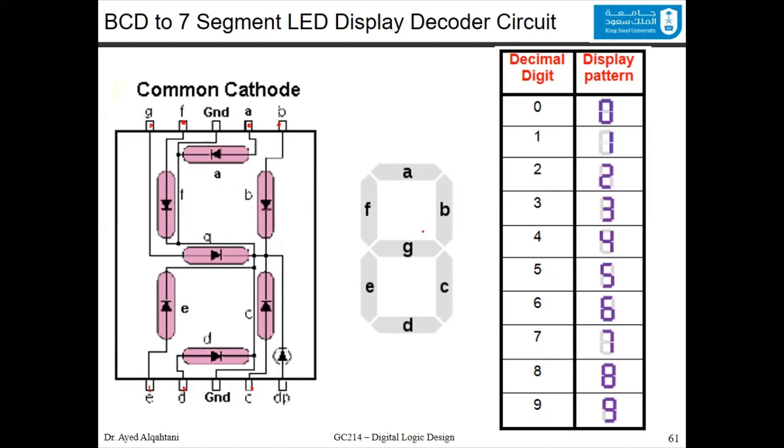And the job of the BCD to 7-segment LED display decoder: if, for example, the decimal digit that you want to show in the LED display is 0, you should light up those 6 segments corresponding to A, B, C, D, E, and F. For example, for 7, you should light up A, B, and C.